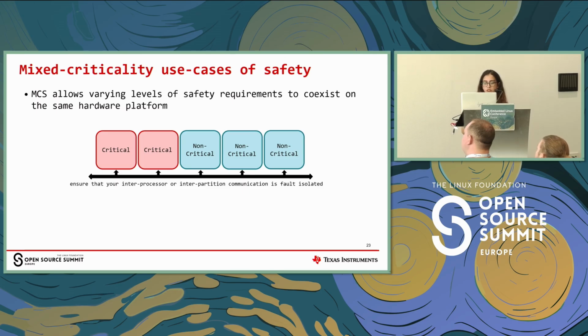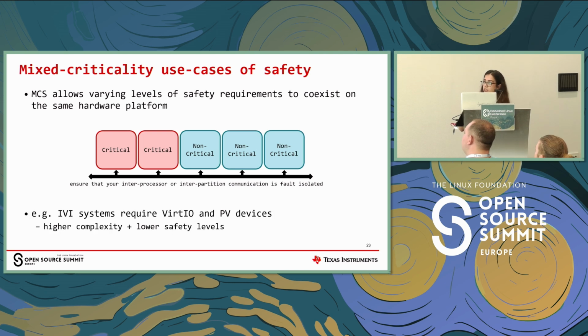So it's important to analyze any kind of communication between either your partitions or your cores, which needs to be fault isolated. An example use case within the automotive domain would be IVI systems that require some kind of VirtIO or PV devices, which need higher complexity, but they're okay with being relaxed on lower safety levels. At the same time, you can have them on automotive systems with safety channels at the side.